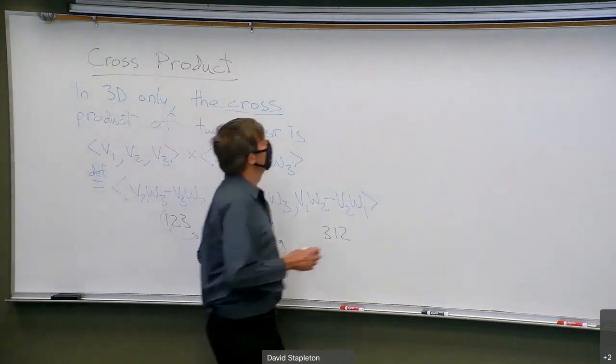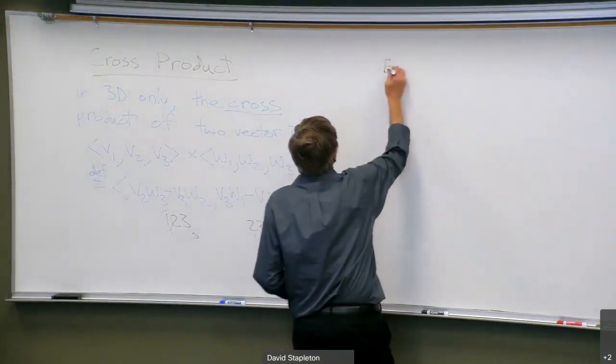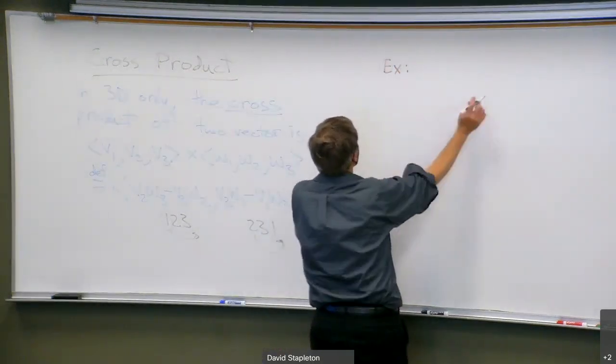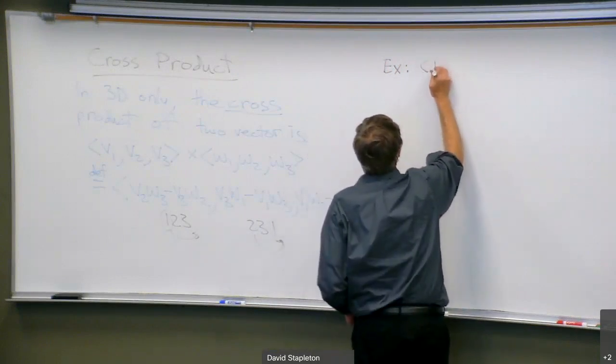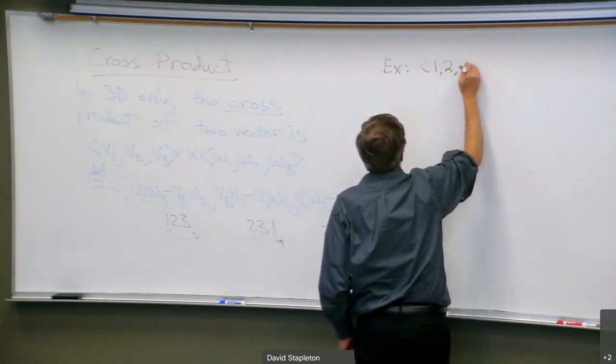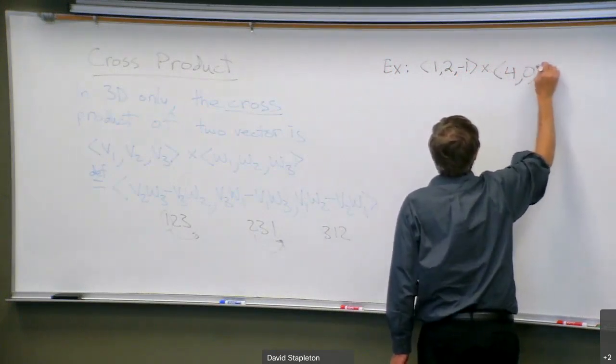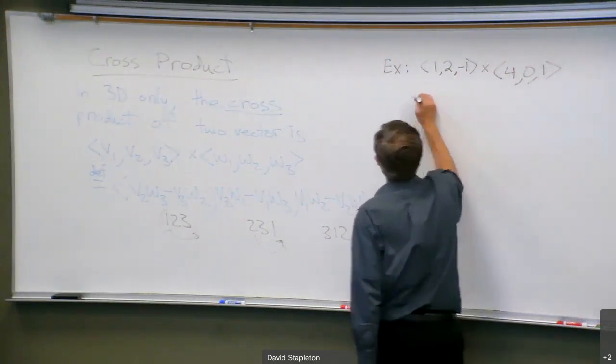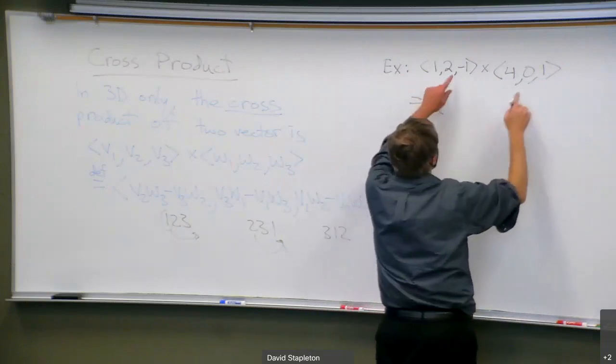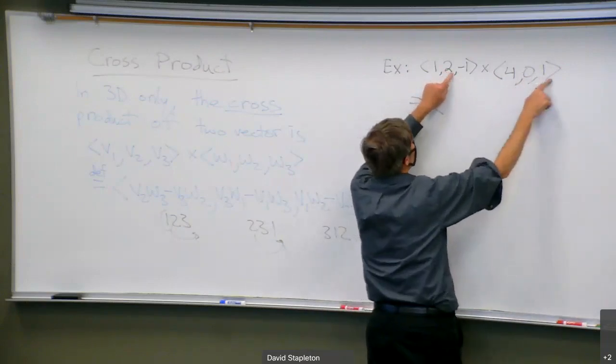For example, suppose I took the cross product of (1, 2, -1) with (4, 0, 1). What do I get? For the first component, I take 2, 3 minus 3, 2.